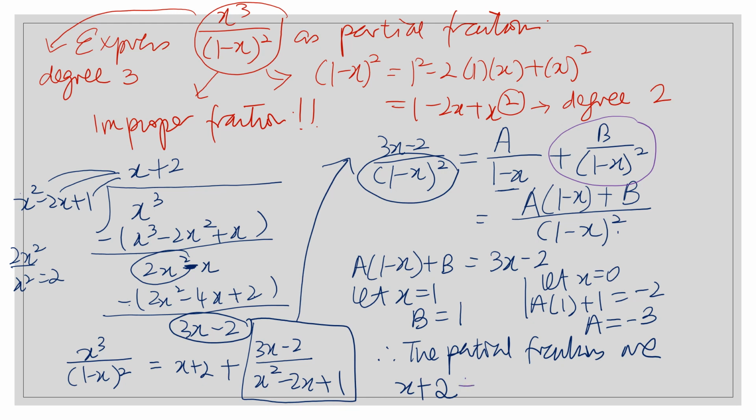So this will be plus 1 over bracket 1 minus x to the power of 2, then followed by negative 3 over 1 minus x. That's how we do it. It saves the trouble of having to take plus times minus again to convert this into minus.